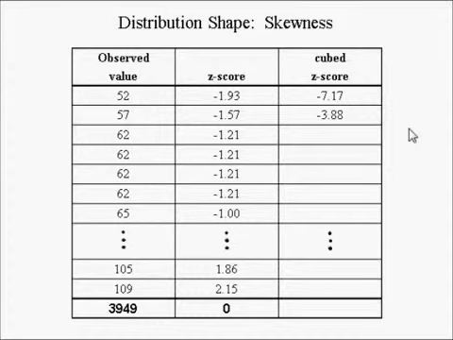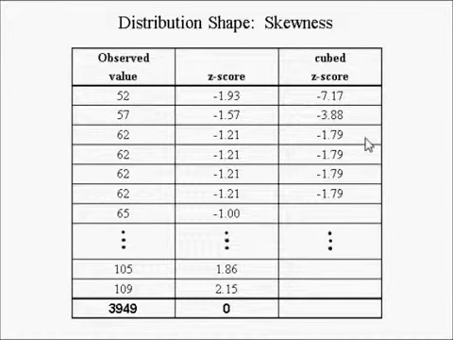The second cubed z-score is equal to negative 1.57 raised to the third power, which equals negative 3.88. The third, fourth, fifth, and sixth cubed z-scores are equal to negative 1.21 raised to the third power, which equals negative 1.79. The seventh z-score is a negative 1.